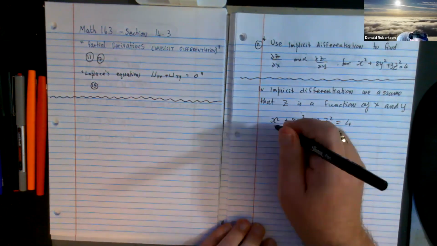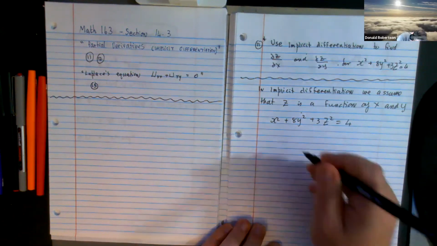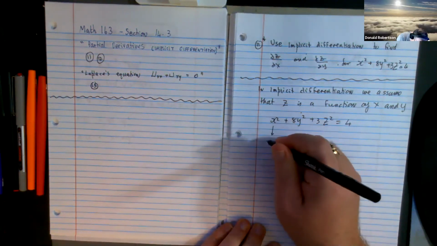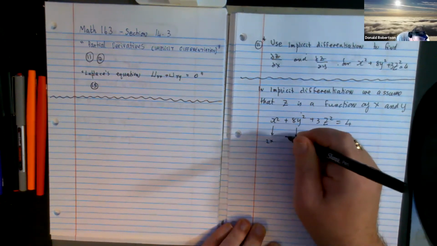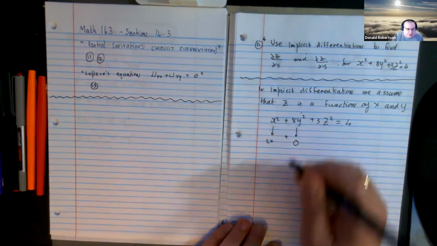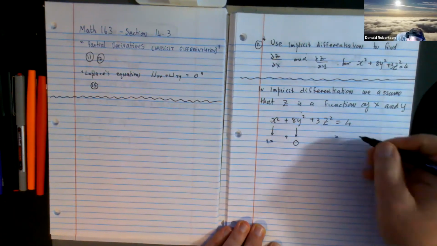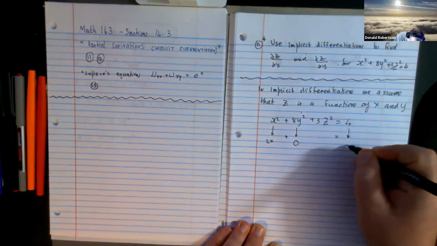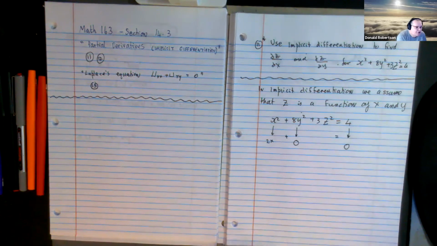Take each guy and do a partial derivative with respect to x. This guy gets you 2x. This guy, with respect to x, doesn't he get you a big fat 0? Equals, that's a little bit different. This guy gets you 0. And this guy doesn't get you 0.